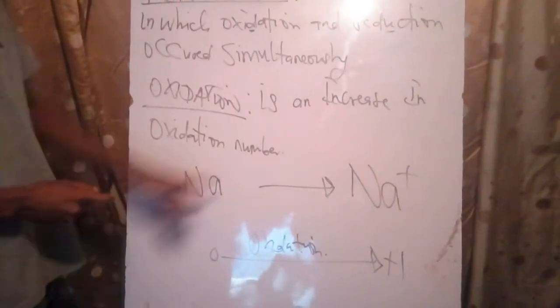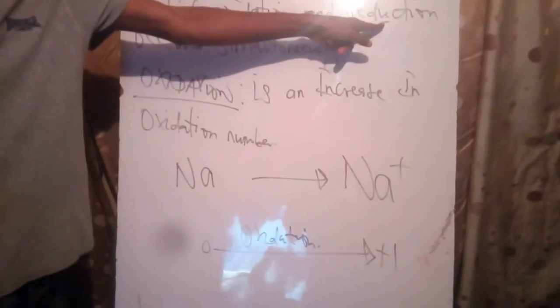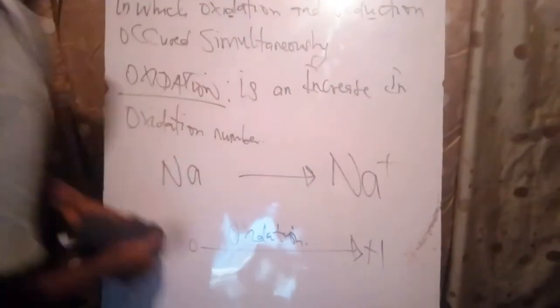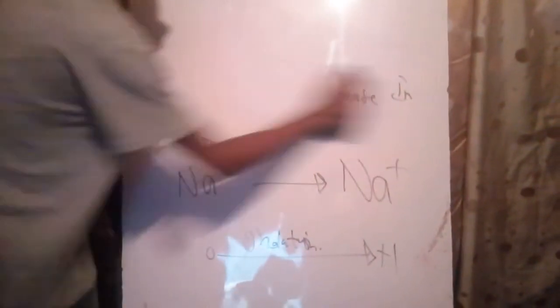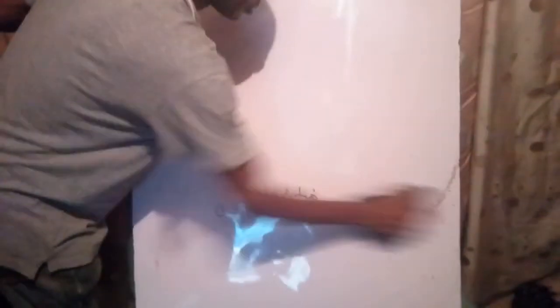Alright, we'll now look at the meaning of reduction. You may have paused the video earlier to take the notes down so that we could minimize our time even as we do another thing today.